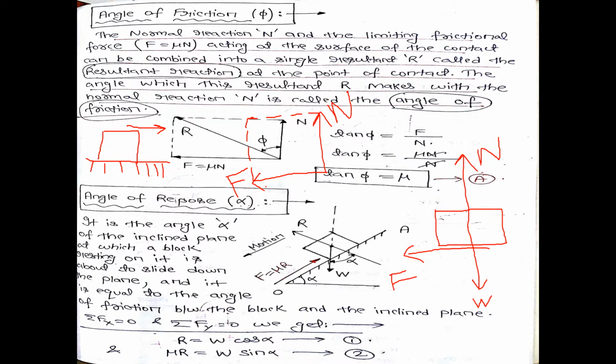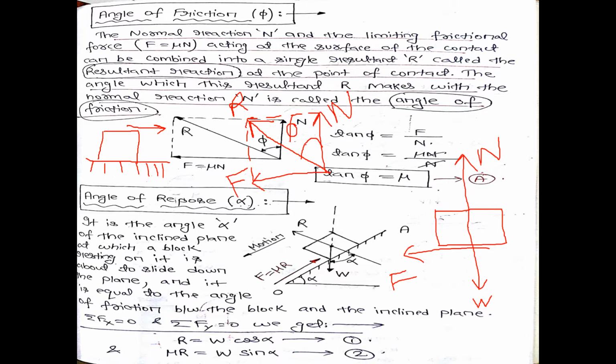Fine. So the resultant will be the longest diagonal. This will be the resultant, say R. Say the resultant R is making an angle phi with the normal reaction force N. Then this angle phi is known as the angle of friction.